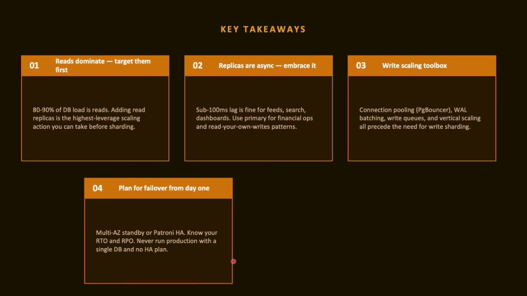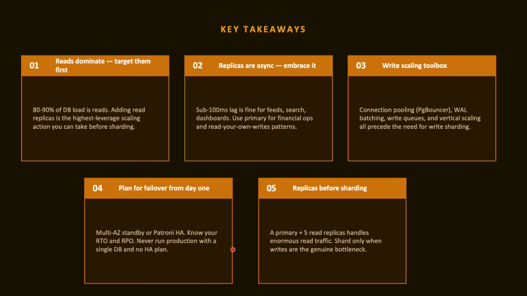So use Multi-AZ on RDS or deploy Patroni for self-managed PostgreSQL. Number 5, replicas before sharding. A well-configured primary database with 5 read replicas can handle hundreds of thousands of reads per second. Only reach for sharding when writes themselves are genuinely the bottleneck, right?